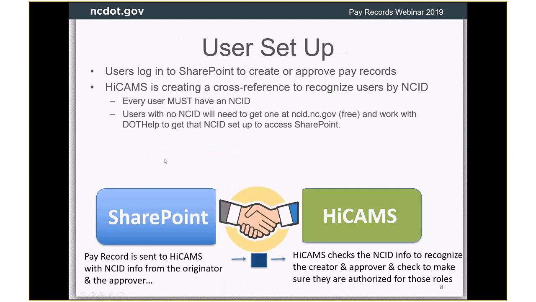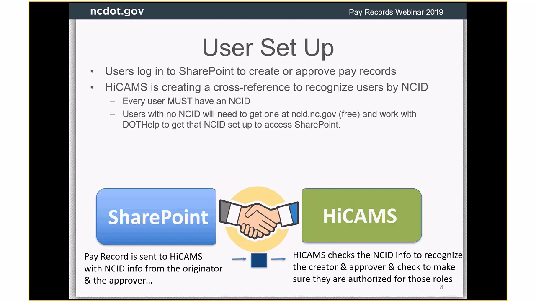Okay, so for the user setup, I talked to it a little bit already. The HighCams is creating this cross-reference to recognize the users. You have to have an NCID. If you don't have one, you can go to ncid.nc.gov and get a business NCID for free. And we just have to know what that is and set it up. And when you're filling in the information for each user, there's a place to fill in how does HighCams know this user.